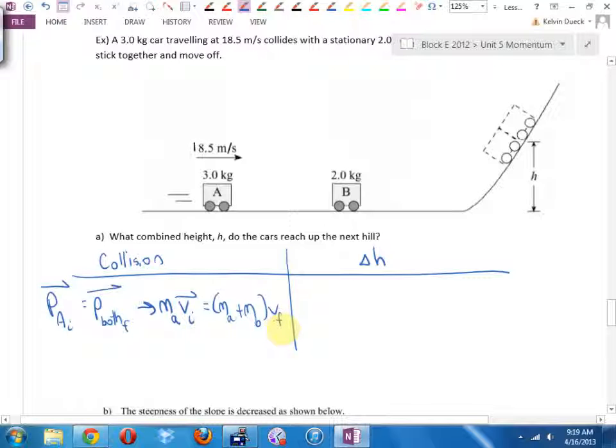In fact, I'm thinking this through. This is going to be almost exactly like the ballistic pendulum, except we're on a track. But I think the physics is going to be identical. The vectors don't care. The scalars don't care. I think V final, after the collision, is going to be mass A, V initial, divided by mass A plus mass B. It's going to be mass A, 3, V initial, 18.5, divided by both, 5.